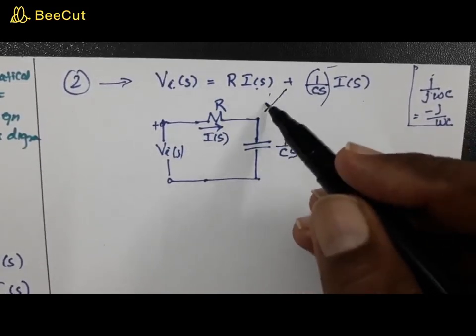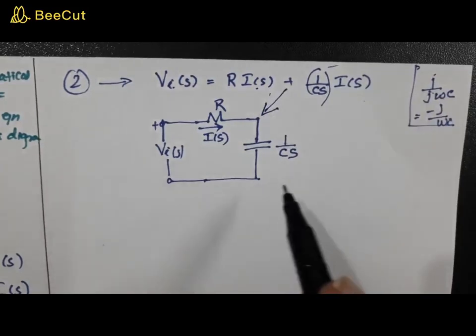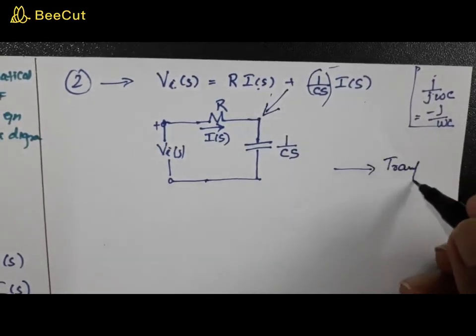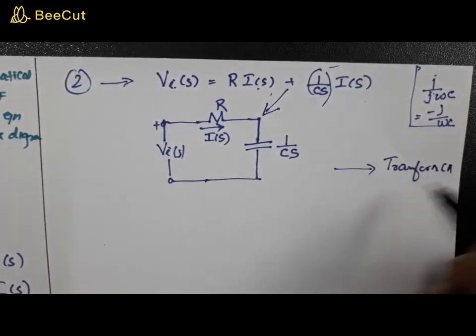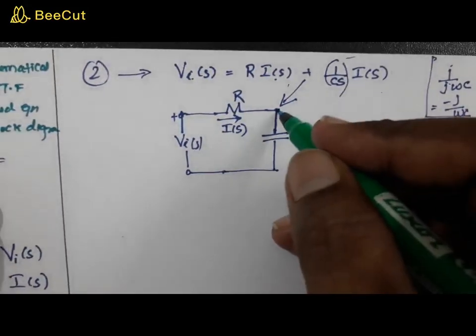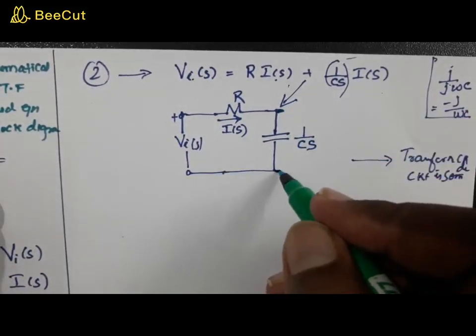So from the given equation you will get a circuit. And what is this circuit called? This is actually the transformed circuit, or the circuit in S domain. Now one more point: what is this V0?